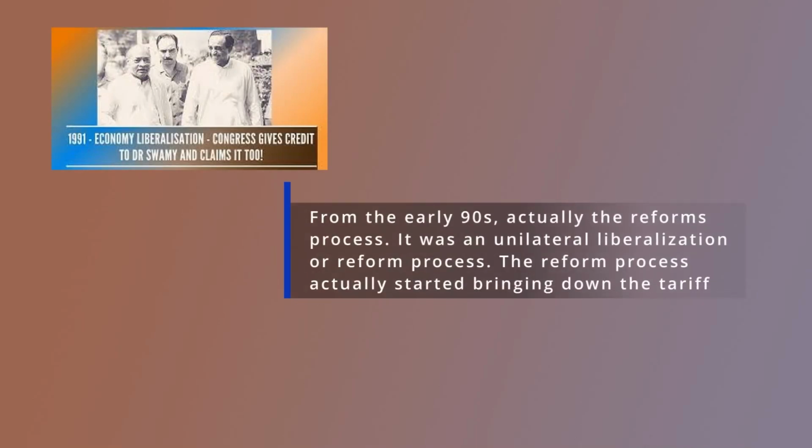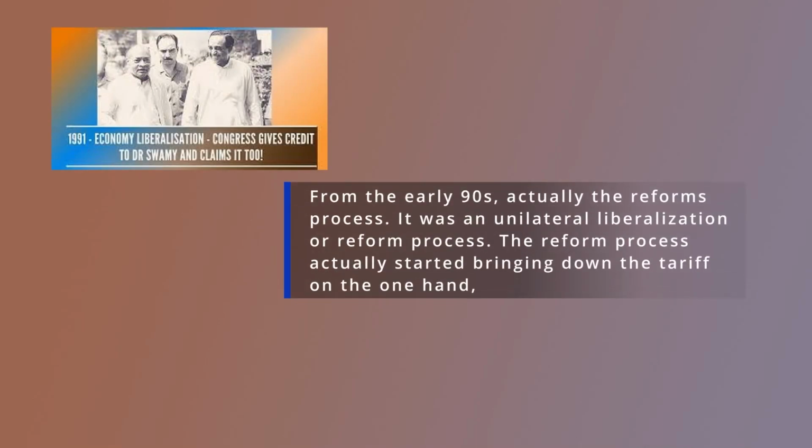The tariff rates, which were very high from the mid-80s onwards, were gradually brought down. Other non-tariff barriers in the economy, mostly on the industrial sector, were also brought down. From the early 90s, the reform process was a unilateral liberalization process.